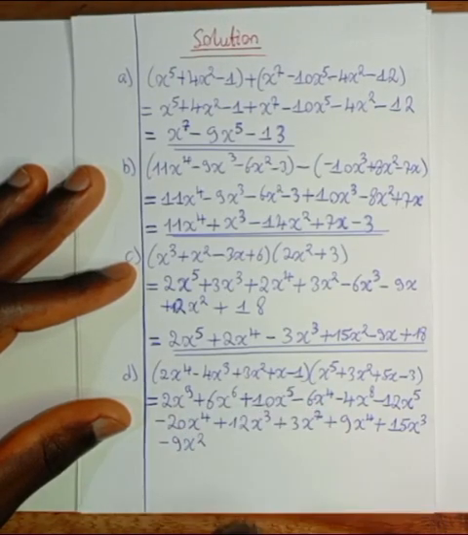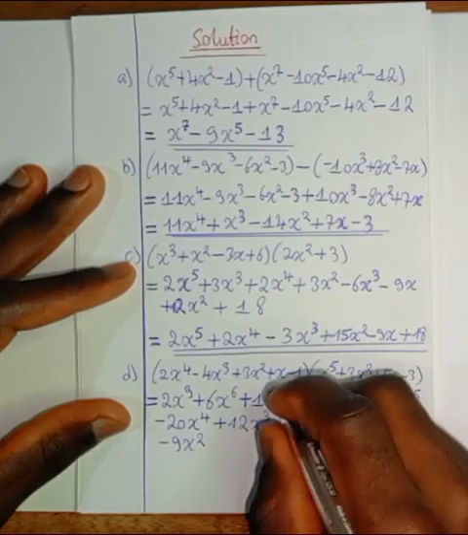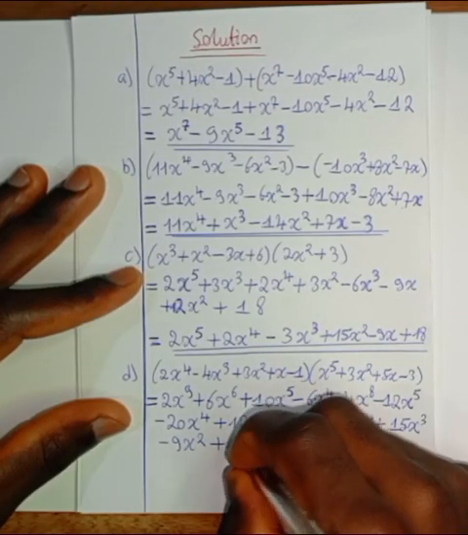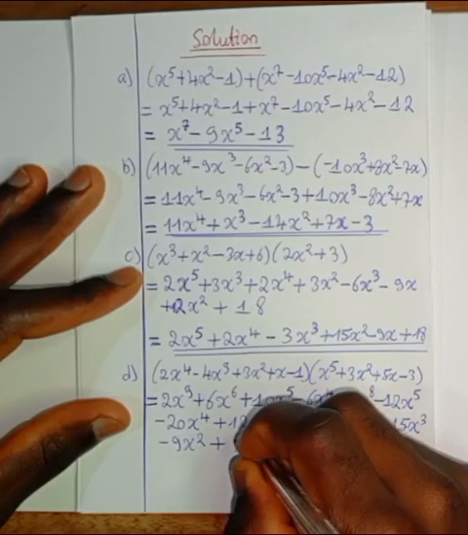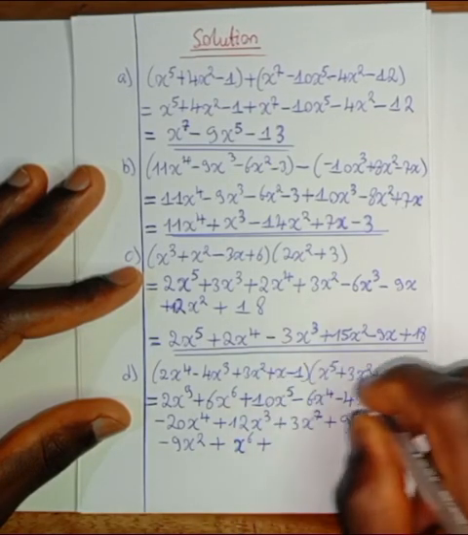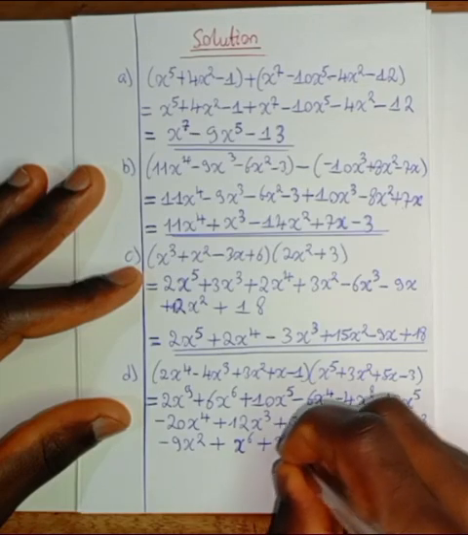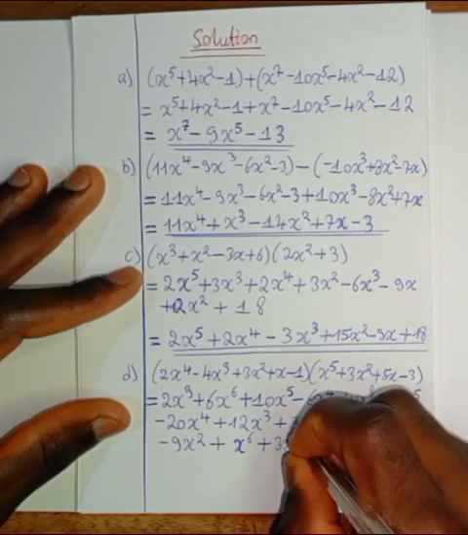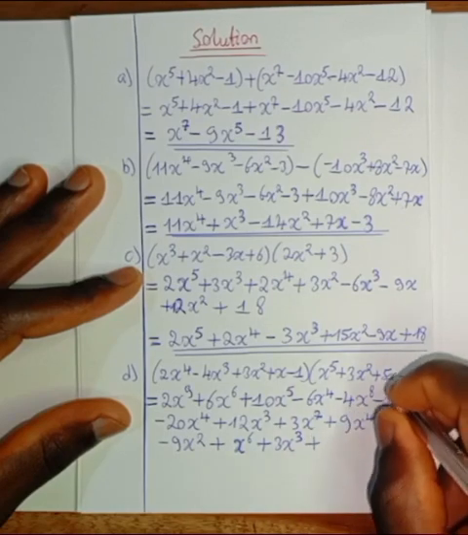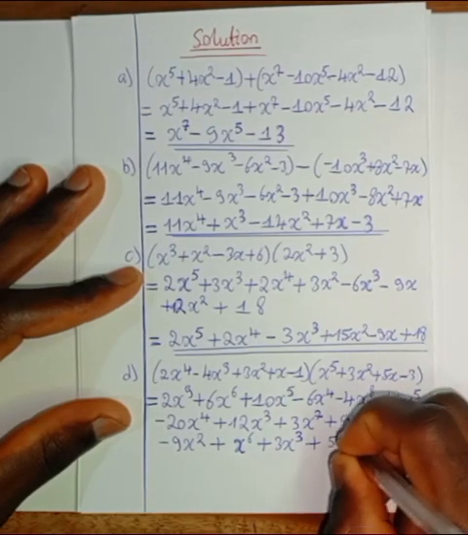9x squared. We move now to x plus x times x to the power 5 simply gives us x to the power 5 plus 1, which is 6, plus x times 3x squared gives us 3x to the power 3, plus x times 5x gives us 5x squared.